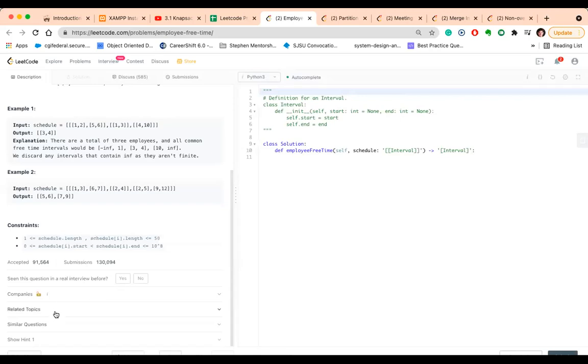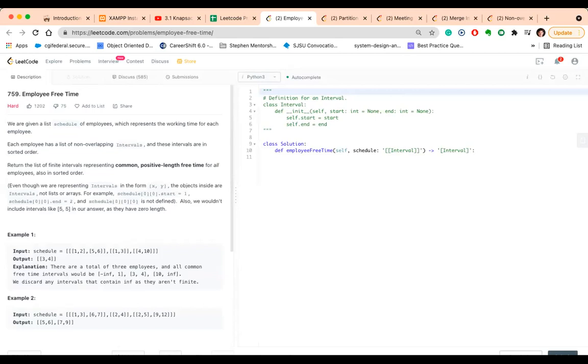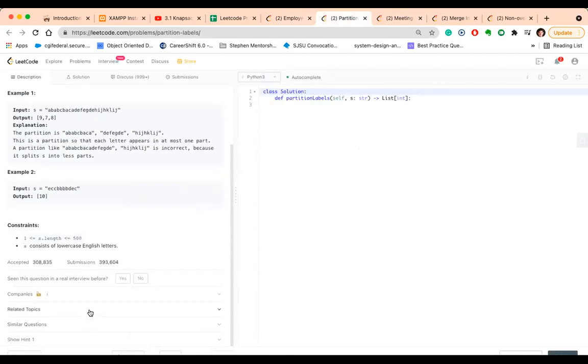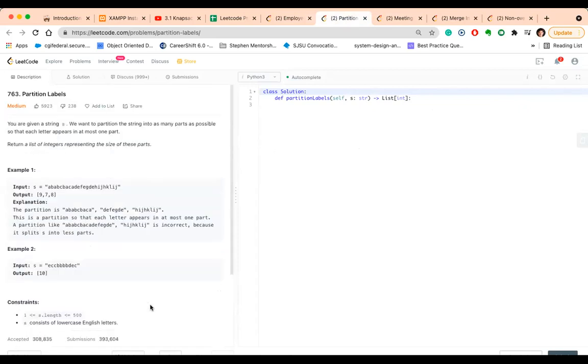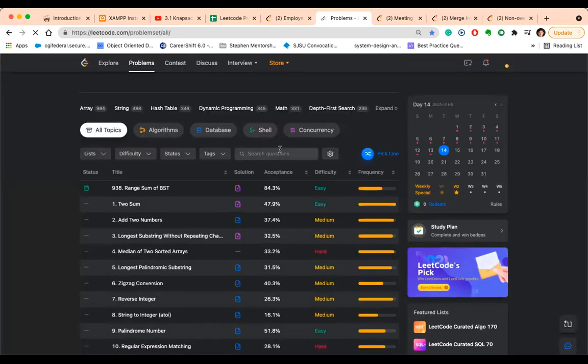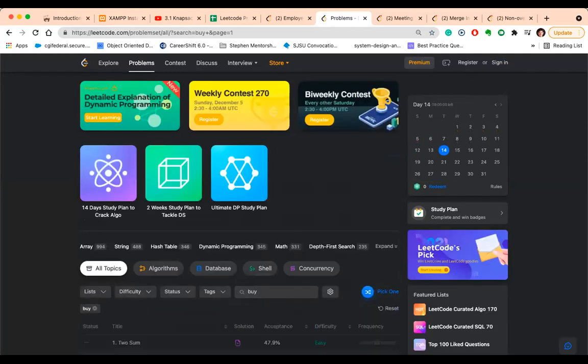There's another problem I heard about from some other group of people. Best time to buy a stock could be another. Yes, that's the perfect one for understanding the dynamic programming type of problem. Oh, that's dynamic programming. Okay. Which problem did you mention, Vinay? Best time to buy a stock.